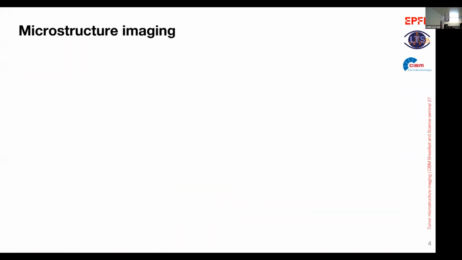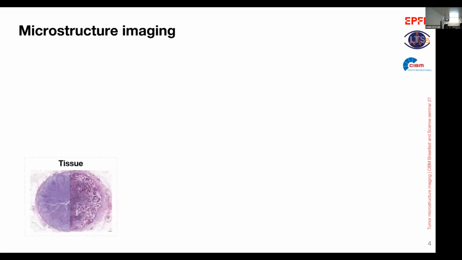So to do that, we will use microstructure imaging. So what is microstructure imaging? I will explain to you now. So we start from the tissue. In our case, this kind of tissue, let's say. This tissue, we put it in the scanner and we acquire the diffusion MRI signal. So nothing new now.